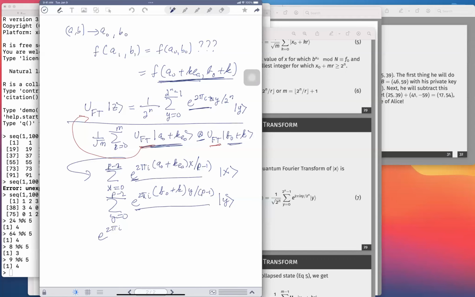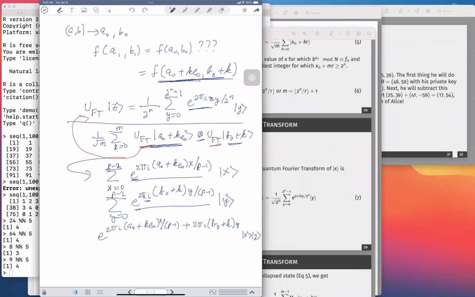What happens is that we just add exponents. Okay, so we just copy this. This is 2 pi i a0 plus k e_a x over p minus 1, and then you add the other one, which is this one here, 2 pi i b0 plus k. So there's an x here, and then y, and then we have xy. Okay.